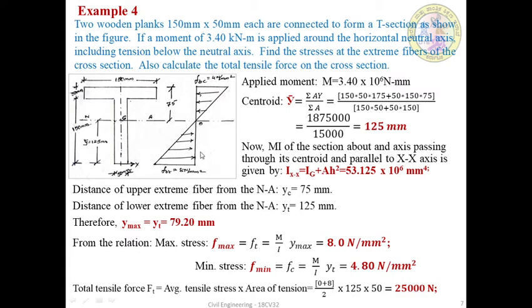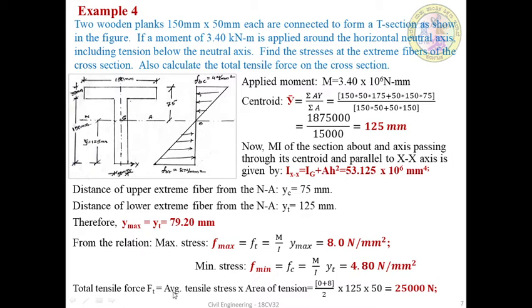The stress is linearly varying from 0 to 8 Newton per millimeter square. As per the definition, stress is nothing but the resistance offered by the body due to the application of load. It is the force per unit area.